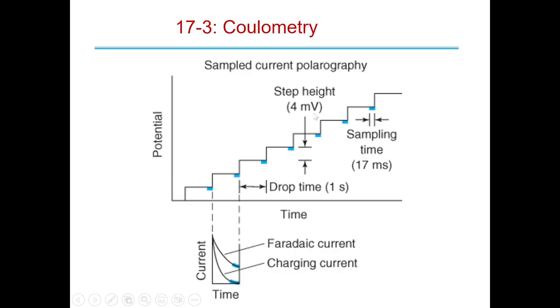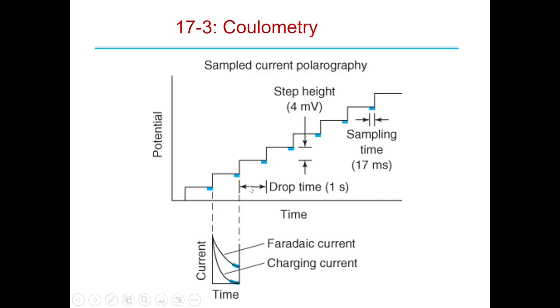Okay. So this would be a sample current polarography. What you see here is the potential versus time. This is a very common looking diagram. And see how it forms steps?